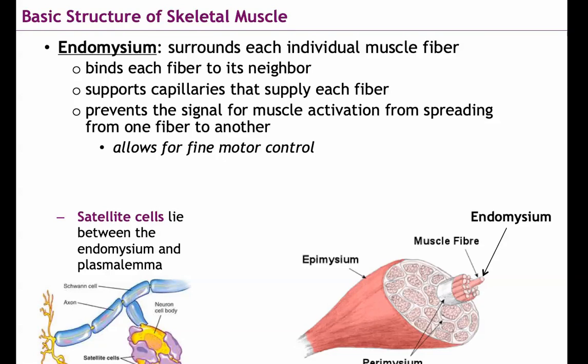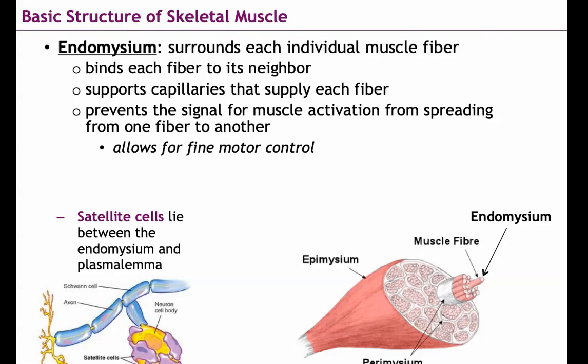Satellite cells are stem cells. If you've heard of a stem cell, it's basically a myonuclei cell, so a muscle nucleus, and it helps to differentiate into whatever it wants to repair a certain issue or damage to muscle. I know that sounds kind of crazy, but what you need to know about satellite cells is it's a stem cell that hasn't differentiated yet.